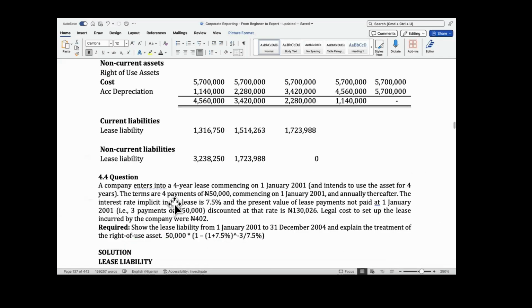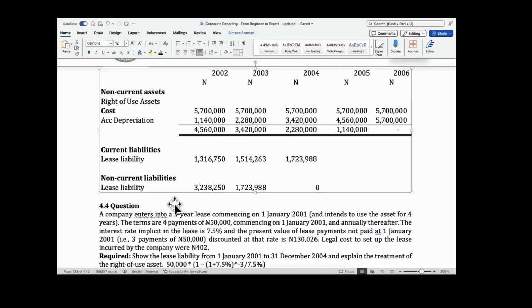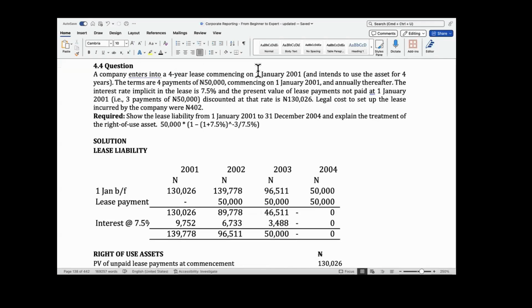Okay. Let's solve this second question on the list. It says that a company enters into a 4-year lease commencing on 1st January 2001 and intends to use the asset for 4 years. The terms are for payment of 50,000 commencing on 1st January 2001 and annually thereafter.